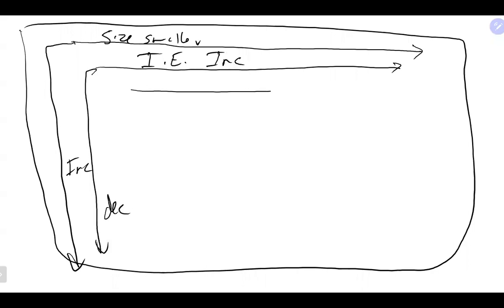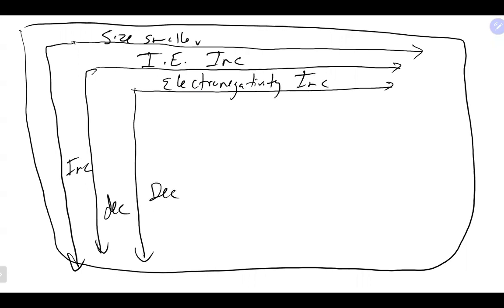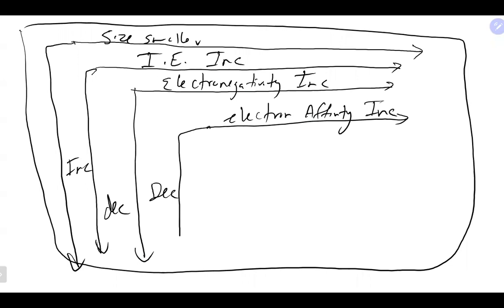As we go up and to the right, electronegativity, which is the ability to bring an electron towards an atom, increases and decreases as you go down. And electron affinity, which is basically the energy change when somebody gains an electron, increases as you go up and to the right on the periodic table and decreases as you go down.